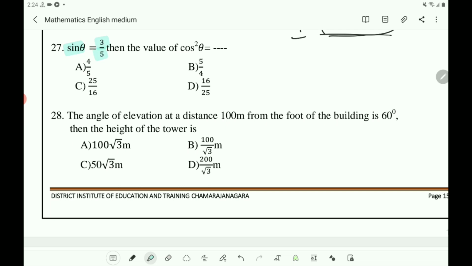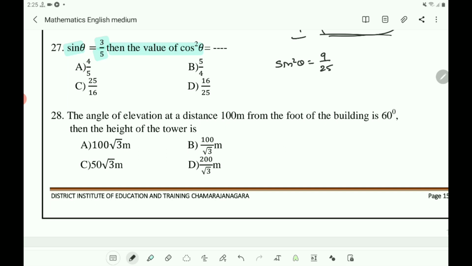Sin theta equals 3 by 5. Then the value of cos square theta. Now you take sin square theta here. Sin square theta is equal to 3 by 5 whole square, that is 9 by 25.